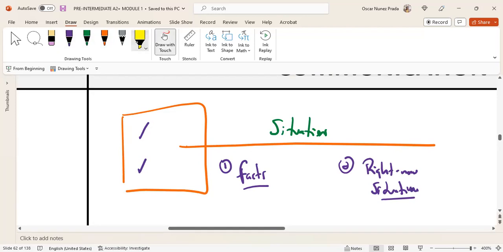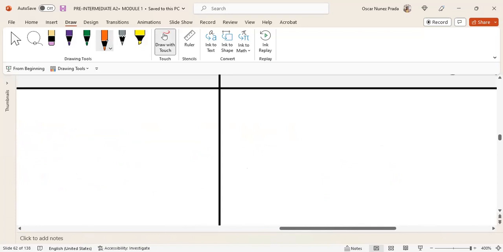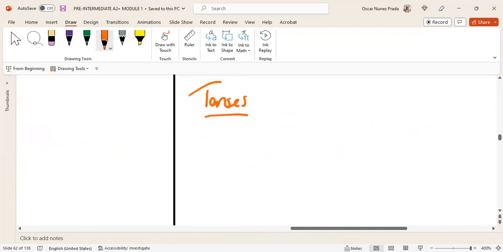Now, when we say situations, we're talking about tenses, or as we say in Spanish, tiempos verbales. For example, when I say facts, I'm talking about present simple. Remember, in present simple, we have 5 situations, and one of them is facts.